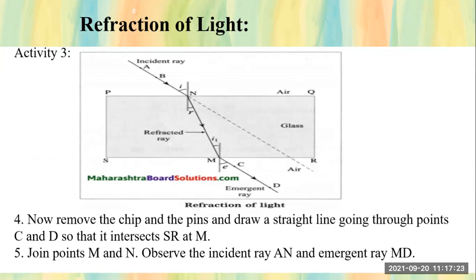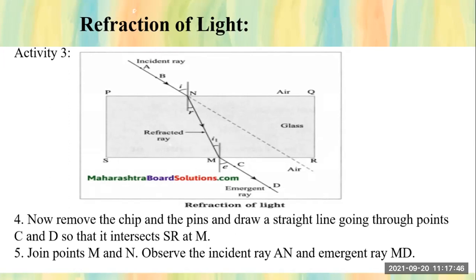How? The light ray which is coming from the glass is coming out in the air medium. From glass medium, it is coming out in the air medium. So this is the second time the refraction is taking place.